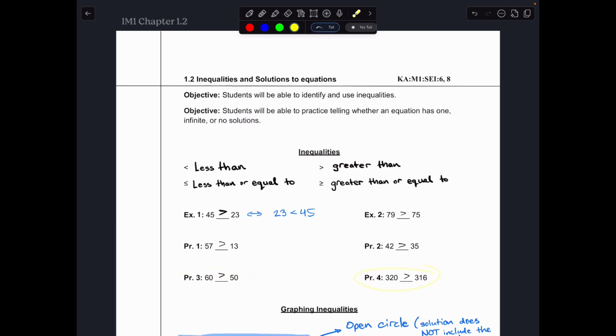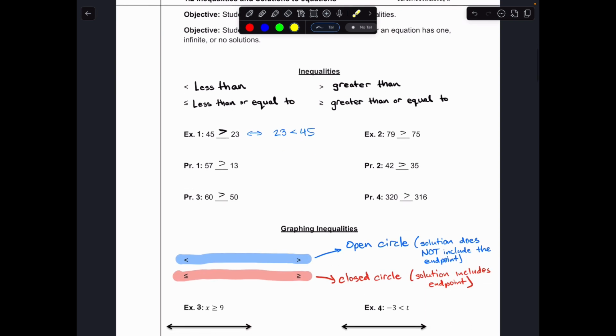And 320 is greater than 316. But just like I said in the first example, all of those inequalities, even though they all say greater than, we could rewrite it if we flip the numbers around into a less than statement. All right.